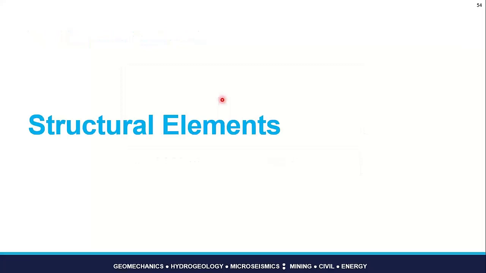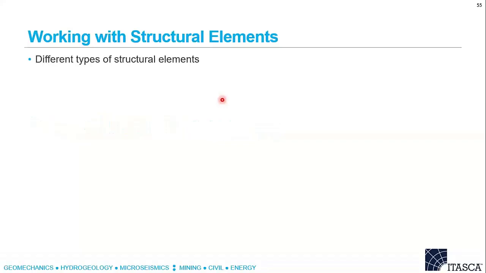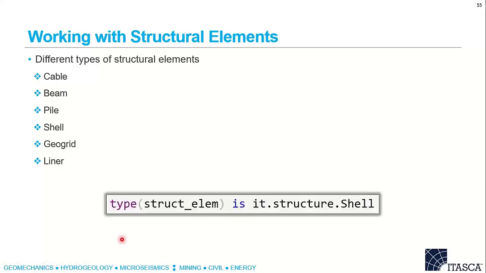And just as one final example, you can also represent structural elements within the Python connectivities. Now, one thing to note with structural elements is that within the Python connectivities, there are several different types of structural elements which are represented. In order to determine which type the structural element is, you have to use the type functionality.